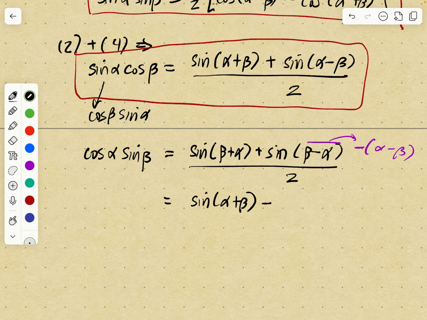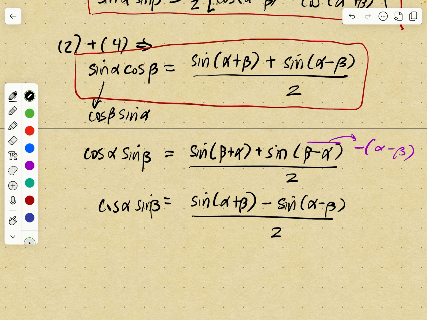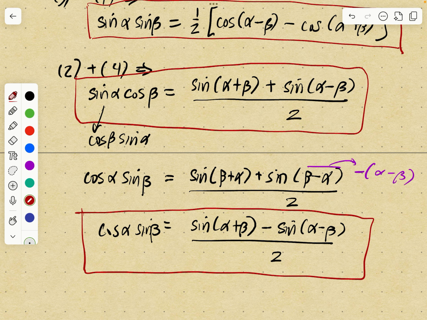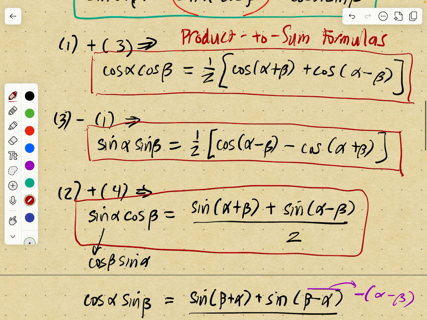So you're going to get minus sine of alpha minus beta over 2. So sometimes people, if you look in a book or something, might box this one as a fourth formula, but it's really the same as the previous one. So those are the product to sum formulas.